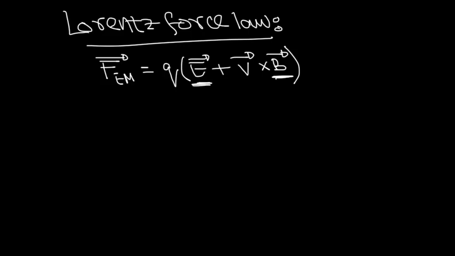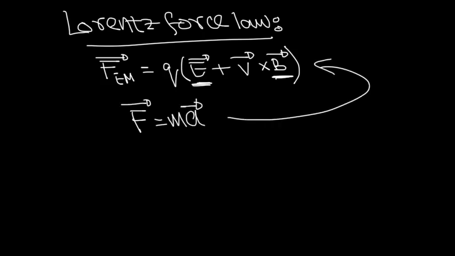That's the other half of electromagnetism. What we can do is use Newton's second law, F = ma, equate the two, and solve for the dynamics of a particle due to this force.